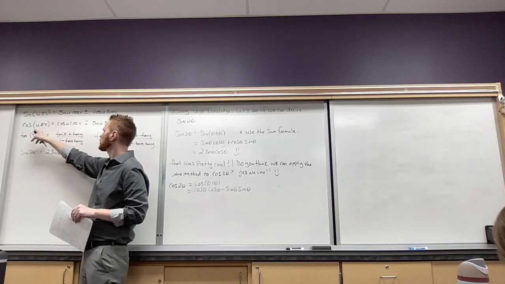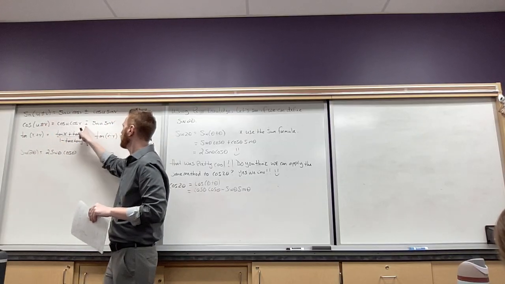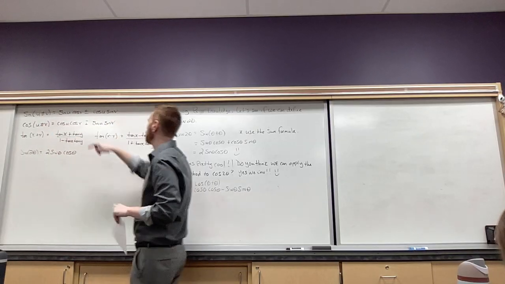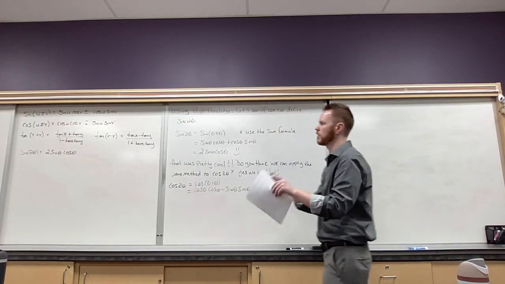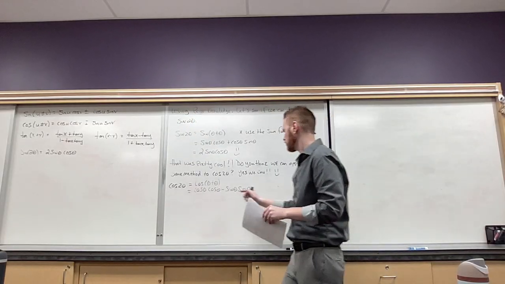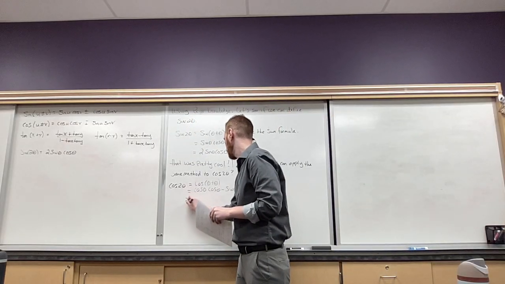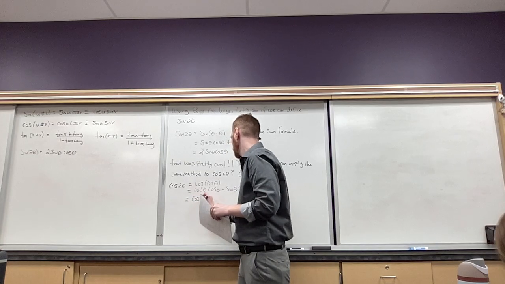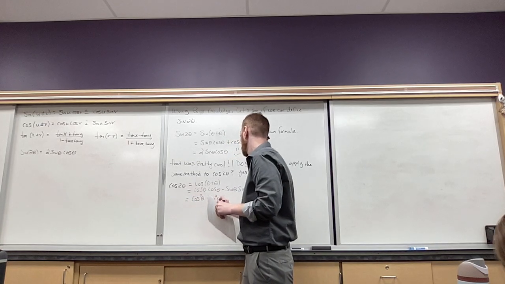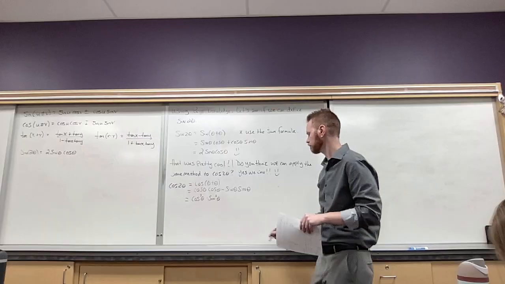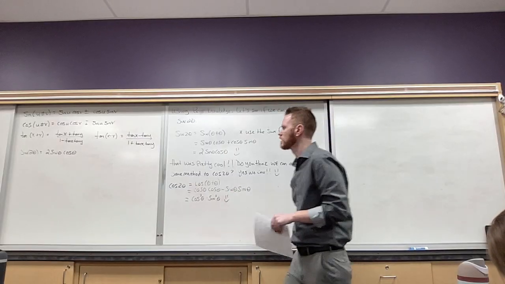For the cosine sum formula, the signs alternate, but you see the same function repeated in each product: cosine, cosine, sine, sine. So looking at this, we have cosine squared of theta minus sine squared of theta. Awesome, there's another one.